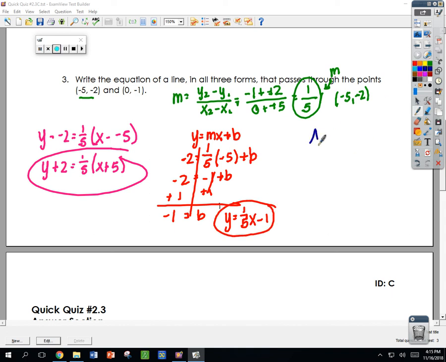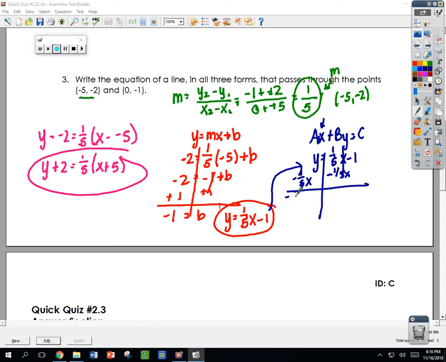Again, standard form cannot be found from any of this information. All standard form is slope-intercept form, this one, rewritten. So I need to move 1 over 5x to the other side because my x is supposed to be in front of my y.